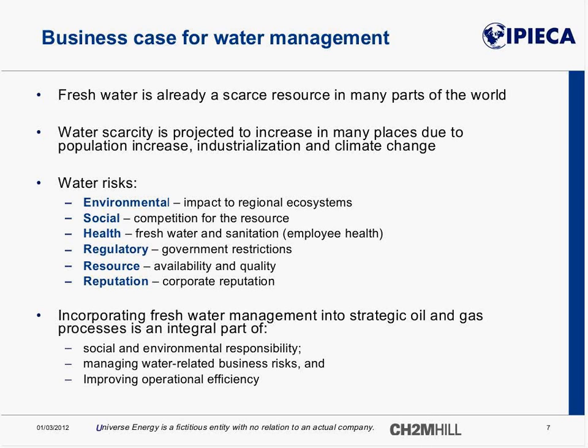Universal Energy faces many water risks, including environmental risks with impacts to regional ecosystems, social risks, competition for the resource, health, fresh water and sanitation for employees in the countries in the world that don't have sustainable water supply and sanitation, regulatory risks, resource risks around availability and quality, and regional risks from stakeholders and local communities.